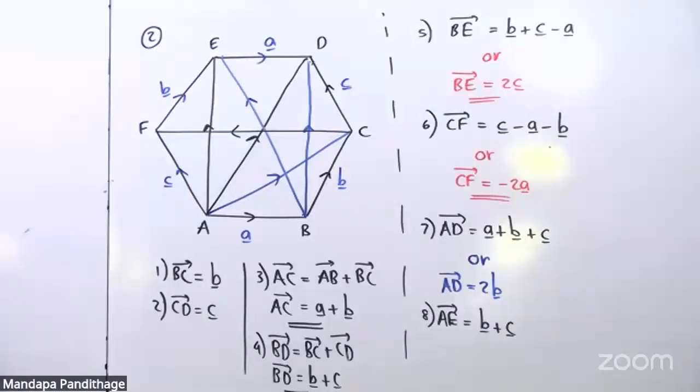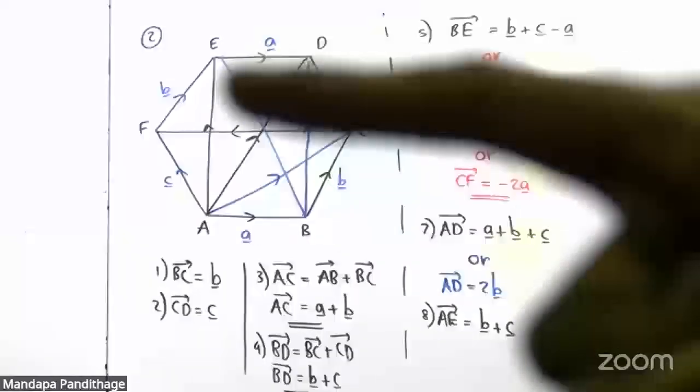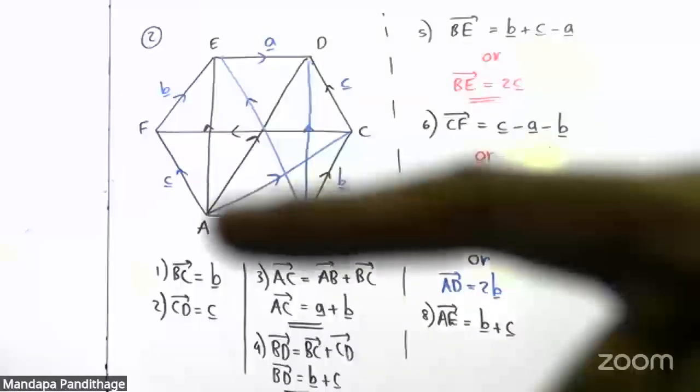Okay, now look. Hands up who got AE in question number 3. Who has taken vector AE? Hold on. It's a small thing when you are taking vector AE. Look at this. You have to start from A and you have to go to E. So what is the path you can take?